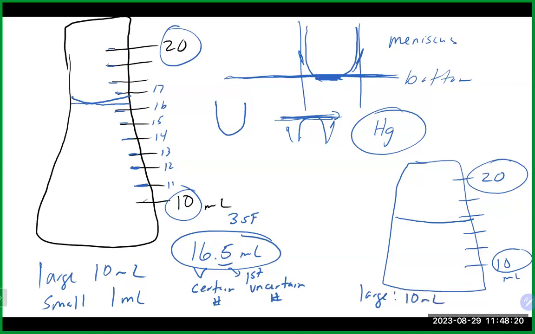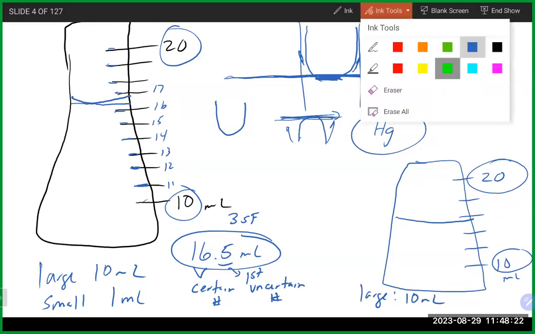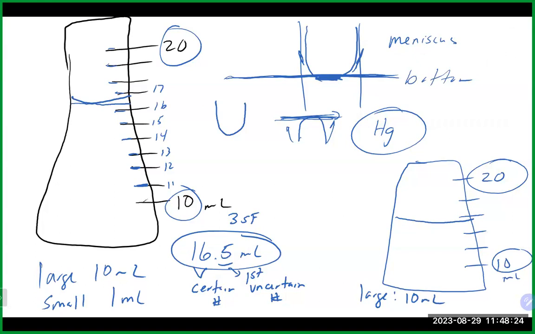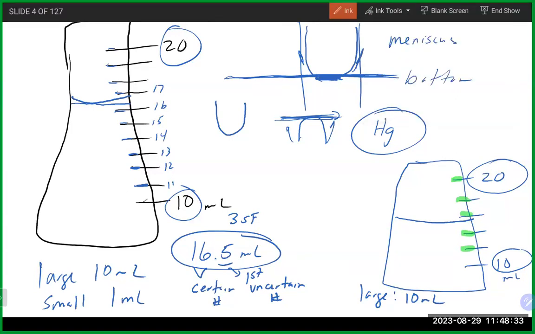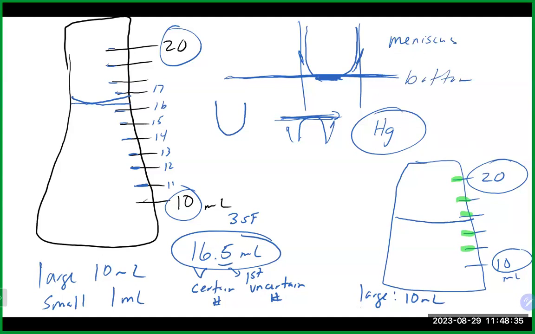When we count up the smaller markings, that's 1, 2, 3, 4, and 5 markings. That means each of the smaller markings represents how much in this case? Each of the smaller markings represents 2 milliliters. That would be 12, 14, 16, 18.